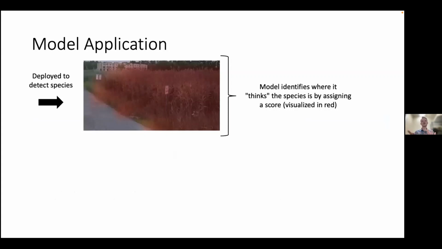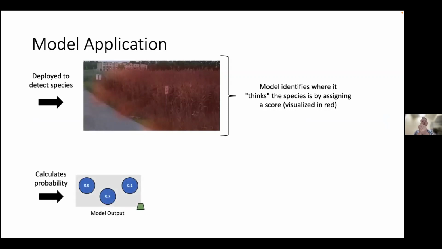Those scores are visualized in red as a heat map. All of those are then summed up together, and you get an ultimate probability that the model assigns to the image for having a particular species.